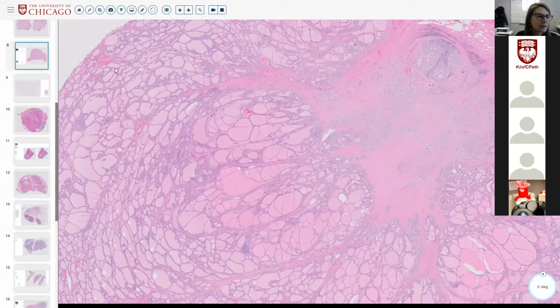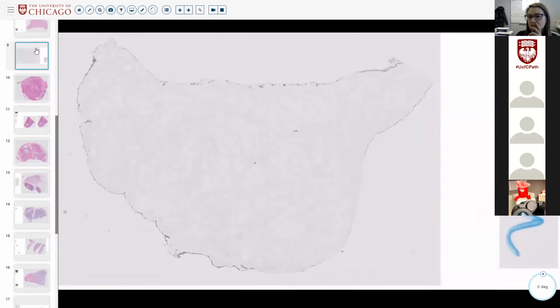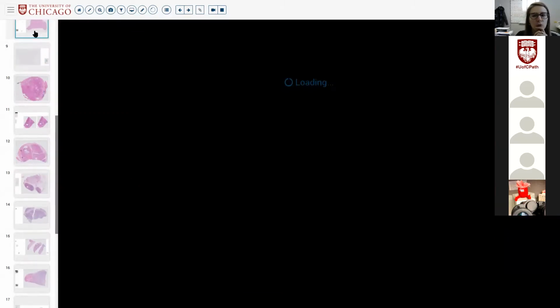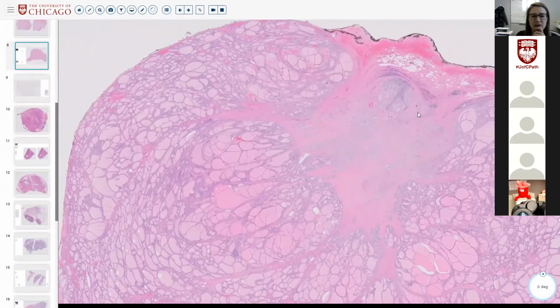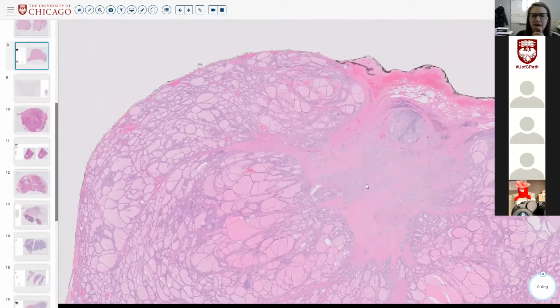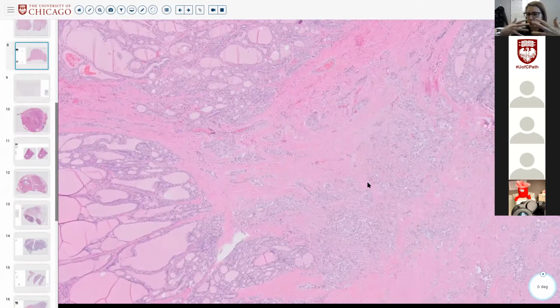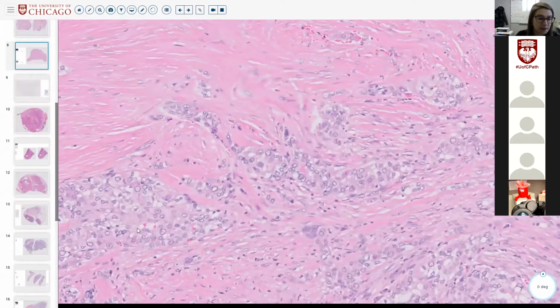So hopefully that helped. Do you guys have questions? What would you do if it wasn't positive? I would still call it cancer. To me, there's no reason why this type of scar would look like this in a benign thyroid with just diffuse infiltration of the scar by these nests with arguably reasonably atypical nuclei.